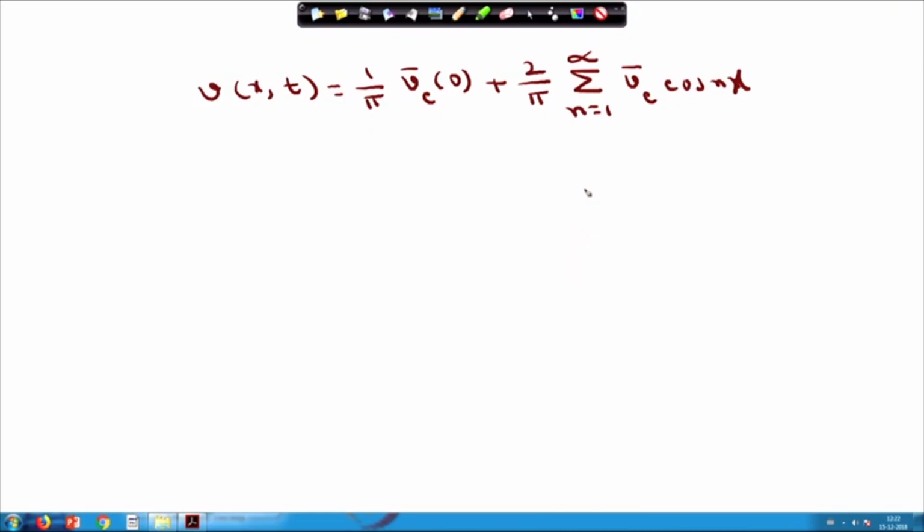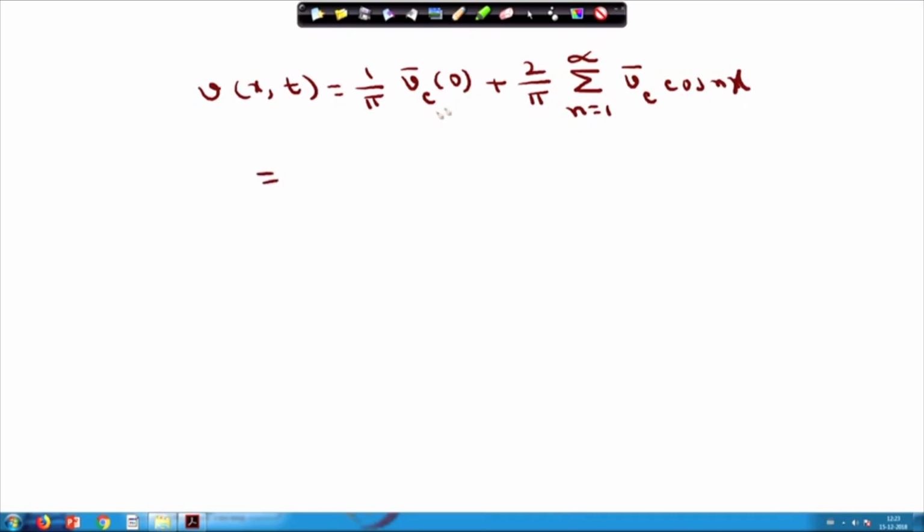Please note that the inverse finite Fourier sine transform and the cosine transform are different, not the same. So, V x t equals 1 by pi V bar c 0 plus 2 by pi summation n equals 1 to infinity V bar c into cos n x. Depending upon the length L or the range of x, only in this formula 2 by L will come in some places; nothing else will change.